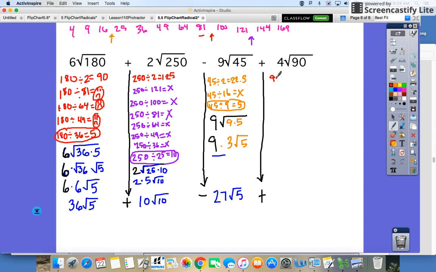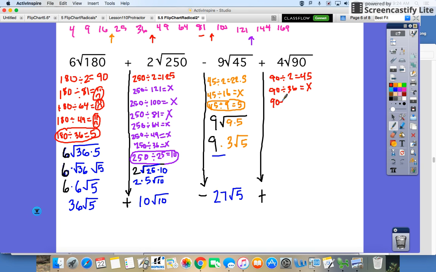So 90 divided by 2 is 45. 45 is somewhere between 36 and 49. So we'll go 90 divided by 36 first. 90 divided by 36 is 2.5. So that's a decimal, no good.